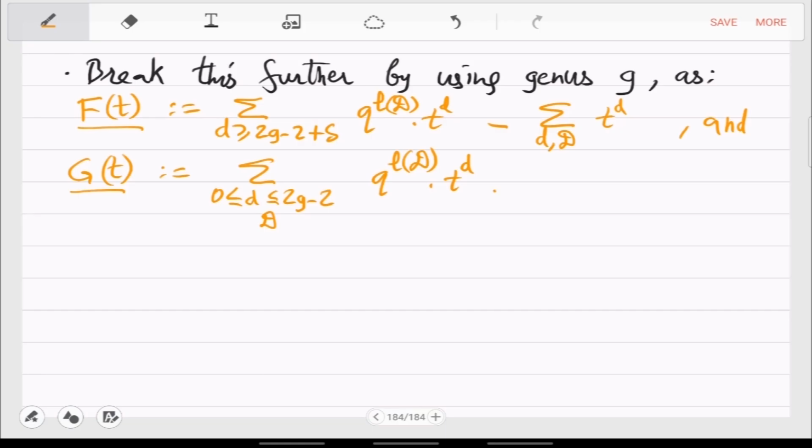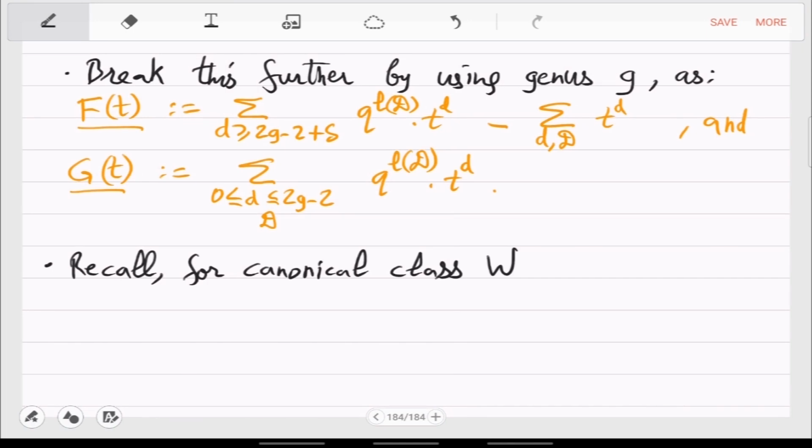So the function can be partitioned into these two, and yeah, recall basically that for the canonical divisor, the L dimension is g and the degree is 2g minus 2.